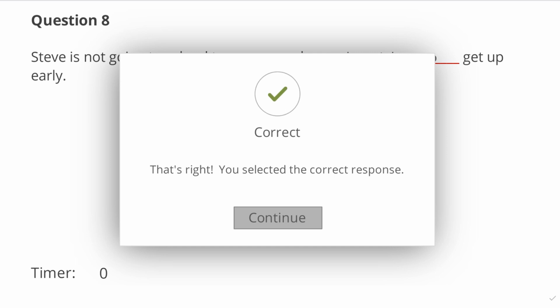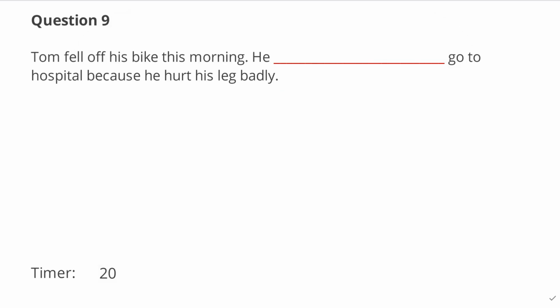Next one. Question 9. Tom fell off his bike this morning. He go to hospital because he hurt his leg badly. So poor Tom, he fell off his bike and ended up in hospital. What are the chances?